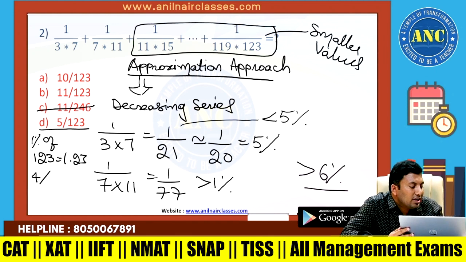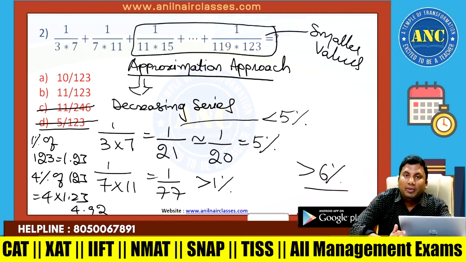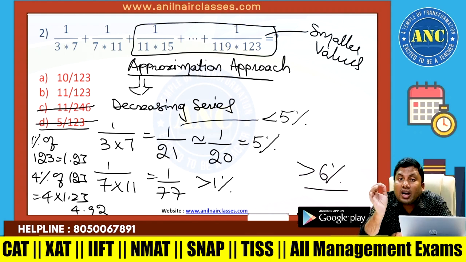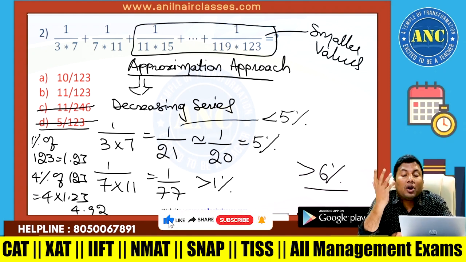So 4% of 123 is 4 into 1.23, which is 4.92. But the answer is greater than 5%. These also you eliminated. In case the last numerical value eliminates only one option, go by the approximation method.